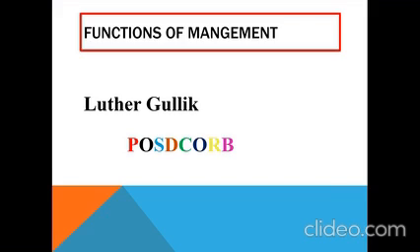Okay, here CO for coordinating, and reporting and budgeting come under a single heading, that is controlling. So according to Luther Gulick, the functions of management are planning, organizing, staffing, directing, controlling, then reporting and budgeting. Okay.